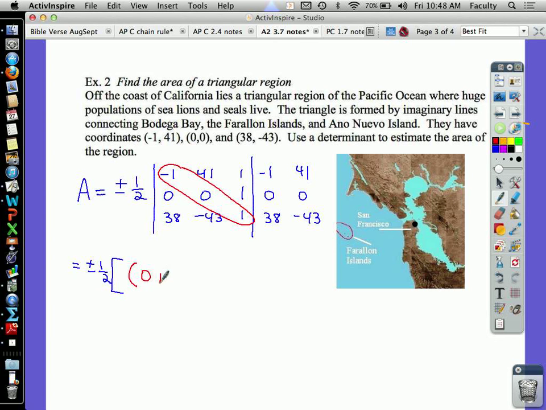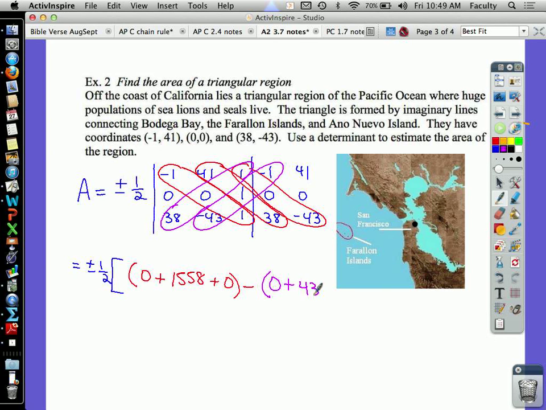This is 0 plus, all right, we need our calculators, 41 times 38, 1558, plus, thank goodness we have another 0. Then we're going to do minus, and then we're going to do the up diagonals. So that's 0 plus, now that's positive 43 plus 0. Notice I'm going to close the bracket.